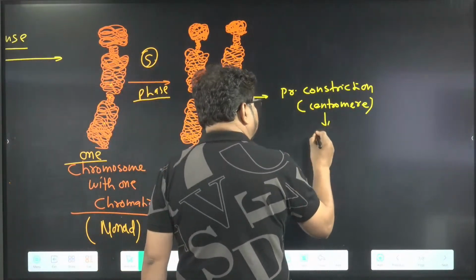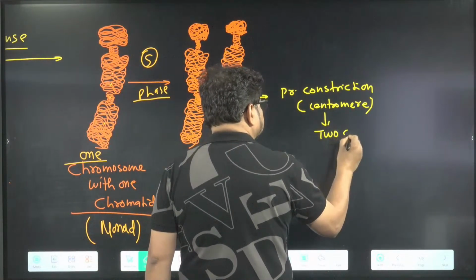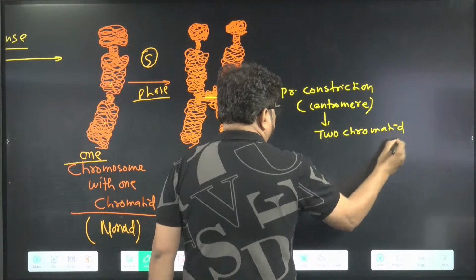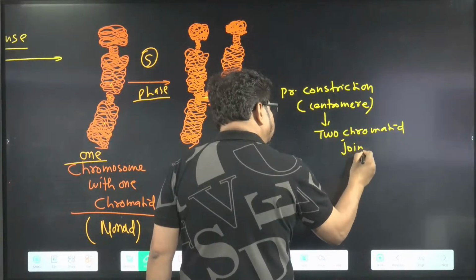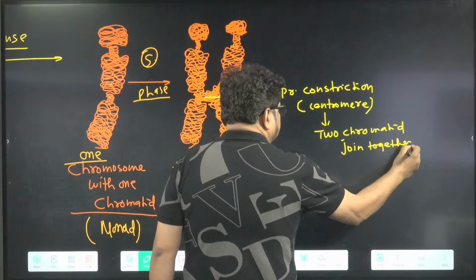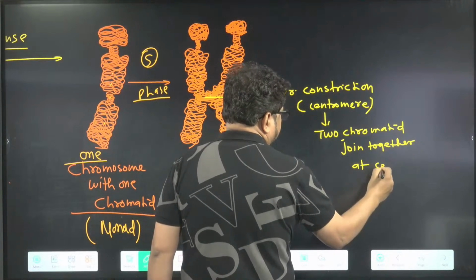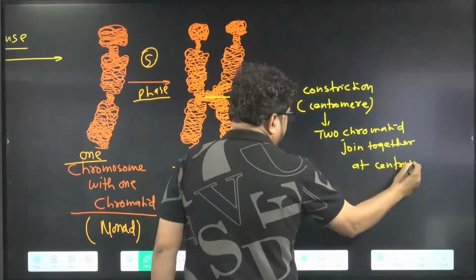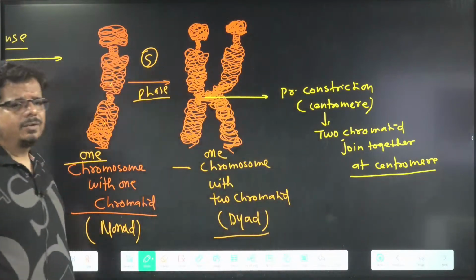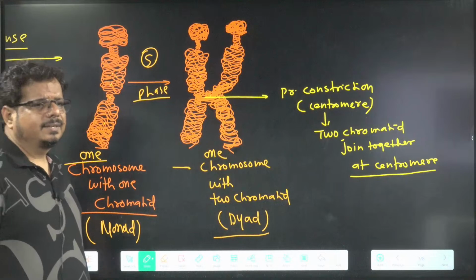So 2 sister chromatids joined together at centromere. 2 sister chromatids joined together at which one? Centromere.